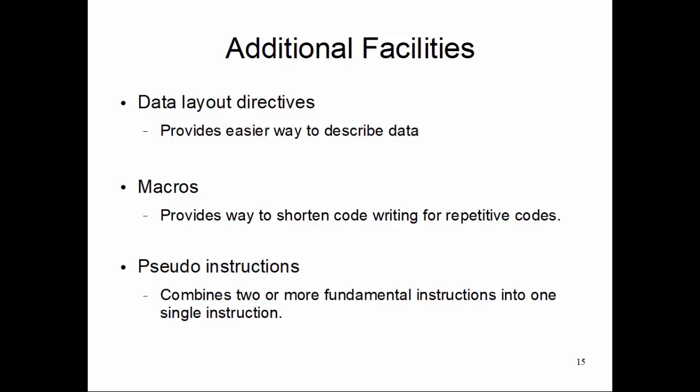Another point to note: sometimes people confuse macro referencing with a function call. There is nothing called a function call per se in assembly; it's always a macro replacement. We'll describe that more later, but just a point of caution.